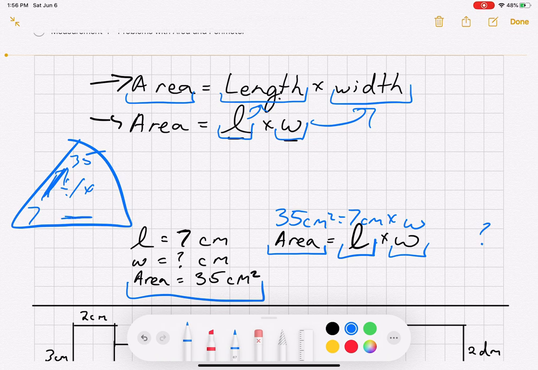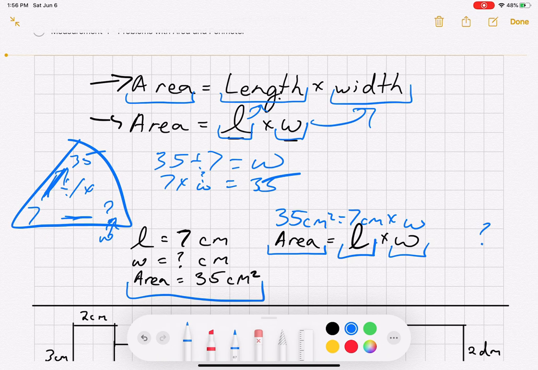If we're going this way, we're multiplying, right? And I don't know what this is. This is going to be our width here. So I can either go 35 divided by 7, and that's going to equal my width, or I can go 7 times something equals 35. Either way is totally fine.